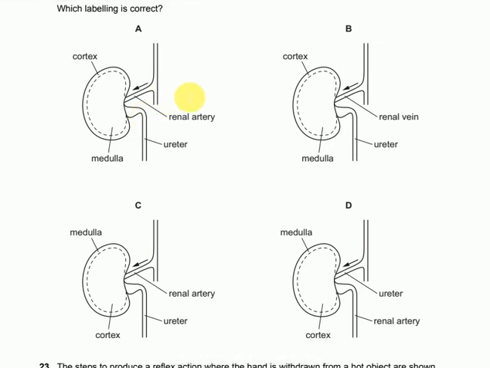An artery moves away from the heart, and a vein comes towards the heart. So it's the renal artery, and the renal vein will go away from the kidneys. So it's A.